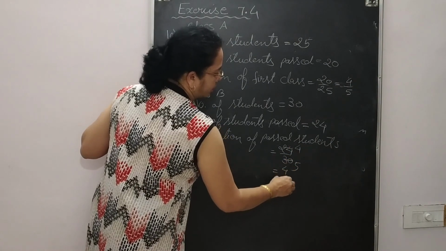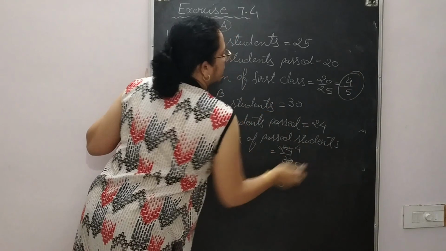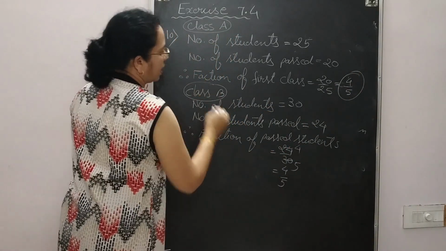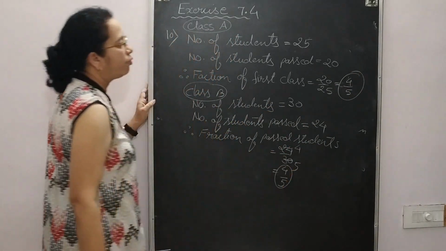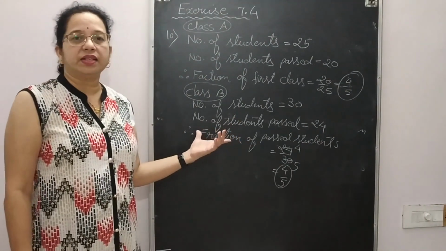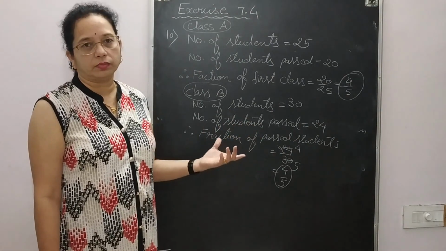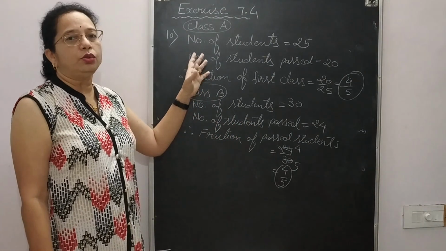So this is 4 upon 5. Okay. So for class A, it is 4 upon 5. Class B also 4 upon 5 after solution. So both the classes have equal number of students who got first division. Okay. So this is the way.